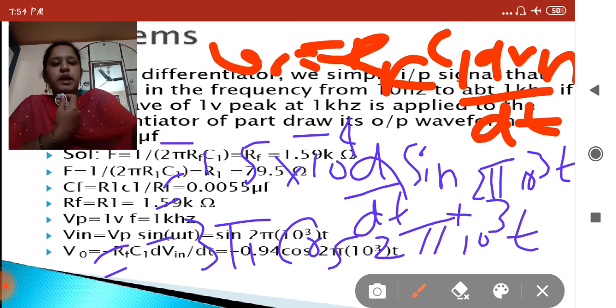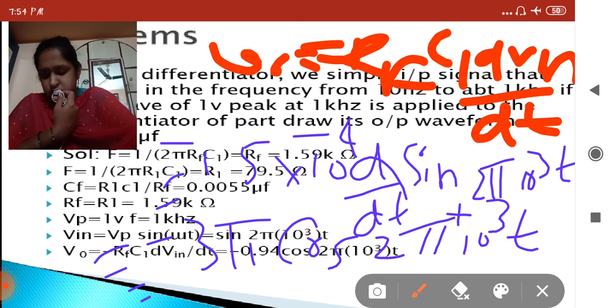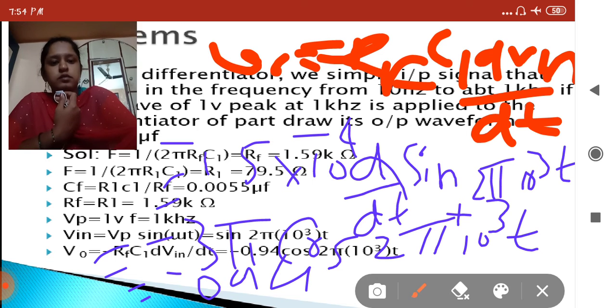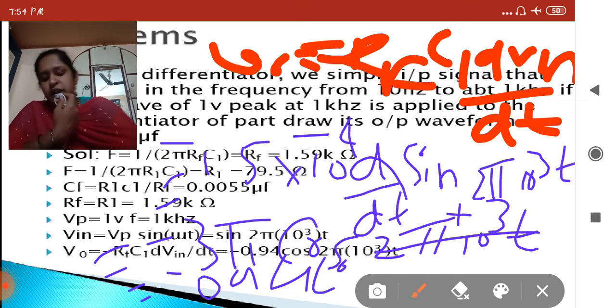Minus 3 pi is minus 0.94, so Vo equals minus 0.94 cos 2 pi 10 raised to plus 3 into t.